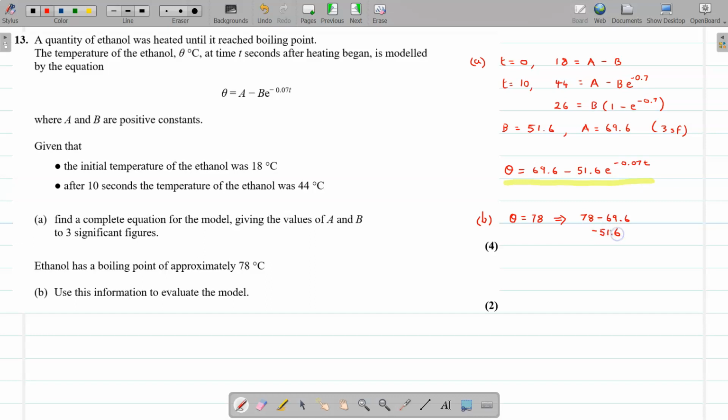And if I work that out, that gives me a negative number, negative 7/43 in fact, and that has got to equal e to the minus 0.07t.